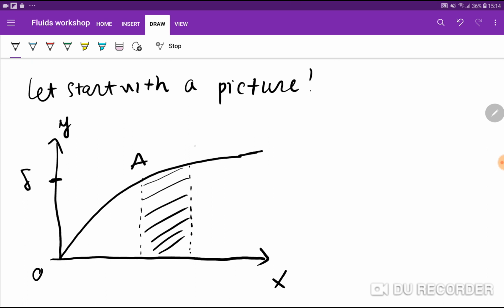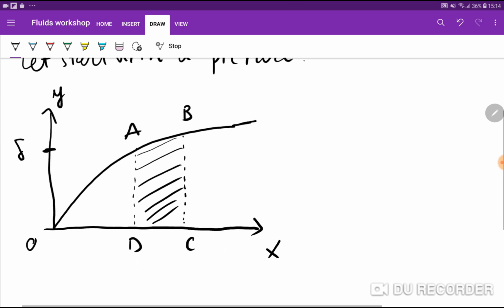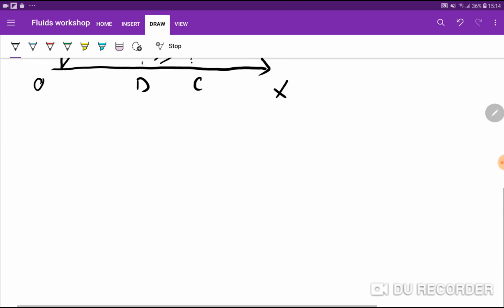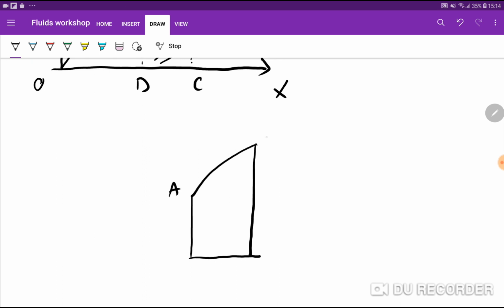I will call these points A, B, C, and D, and we'll do the analysis of this region. Let me redraw it for y'all.